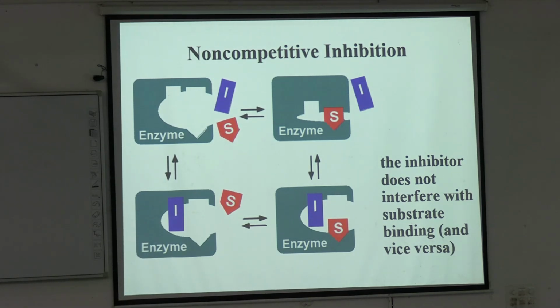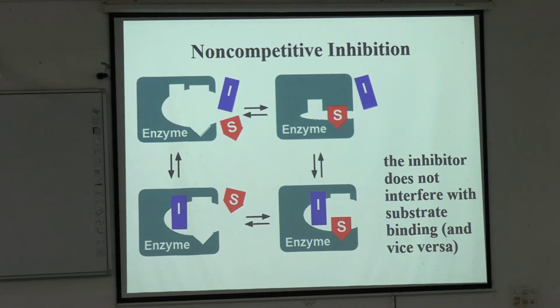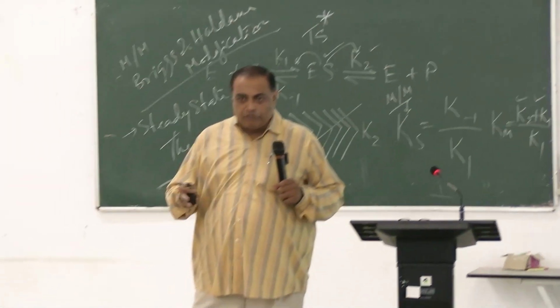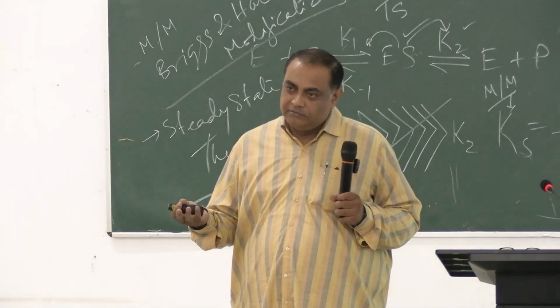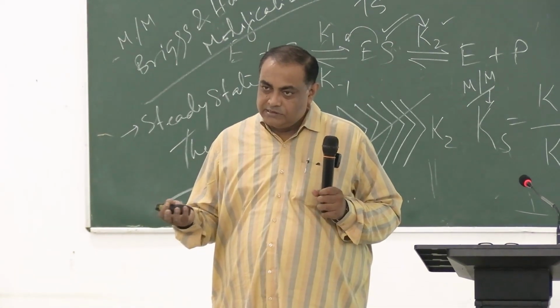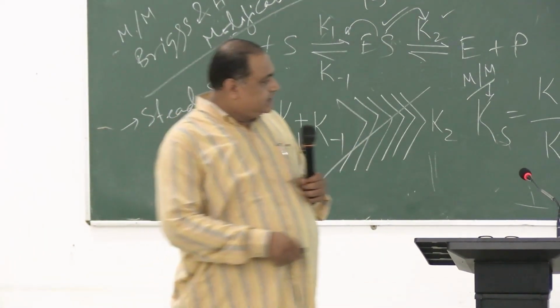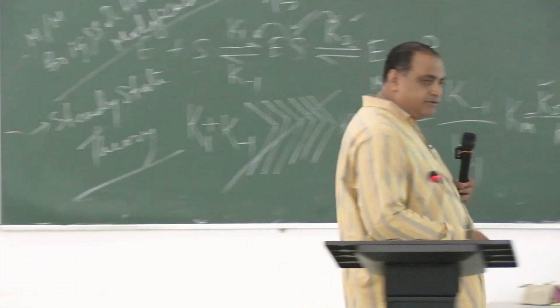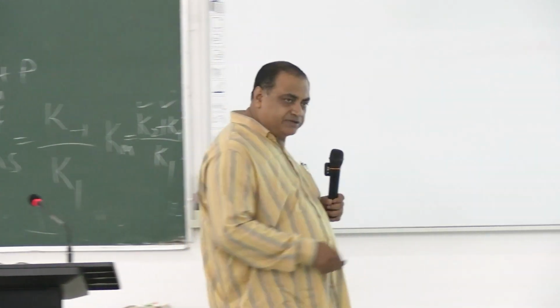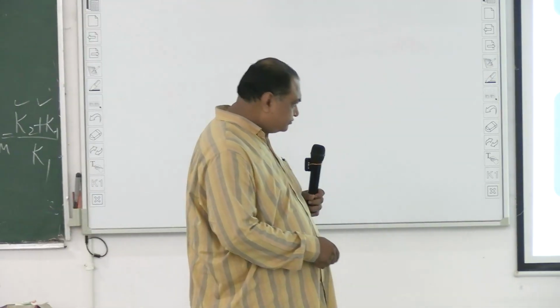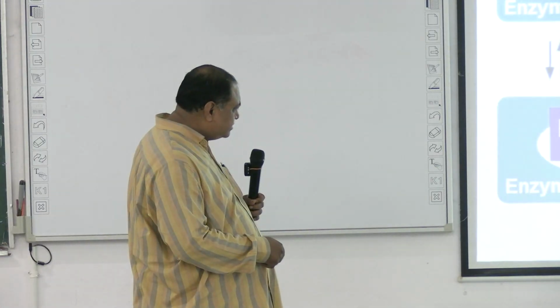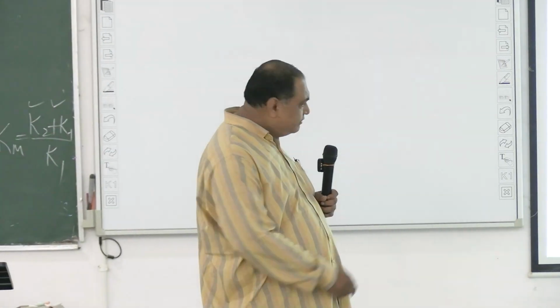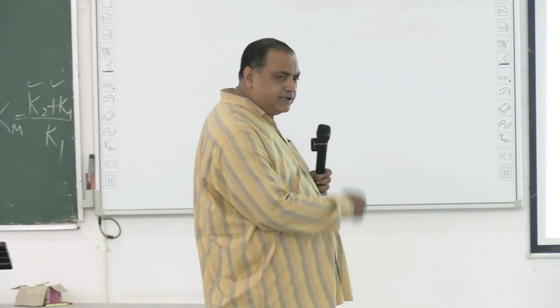But if your two chairs are attached like a small bench, and your friend is as fat as me, then you cannot sit. He will occupy most of the bench. Similarly, in this case, they have two different sites within the same active site, one for substrate and one for inhibitor. If the inhibitor comes, the substrate has no point to bind. Even though they bind, the reaction will not take place.